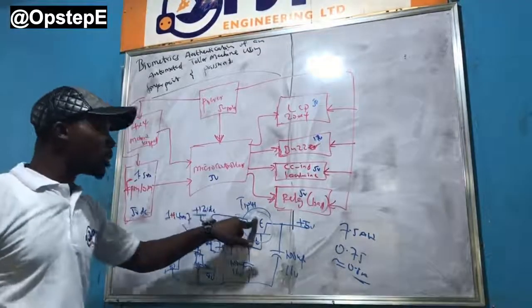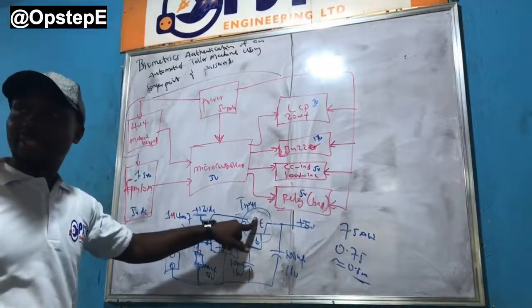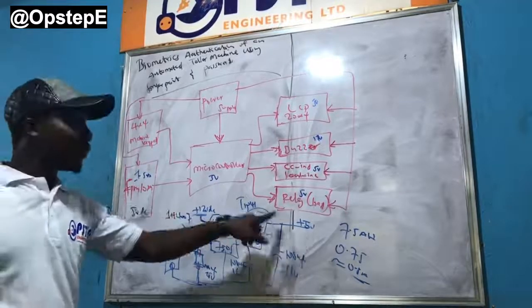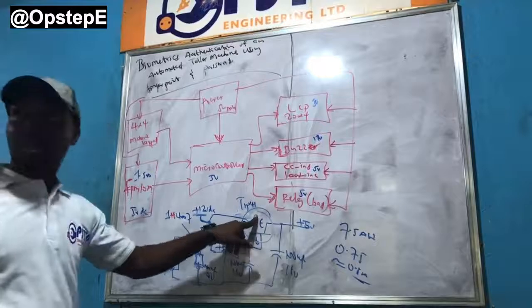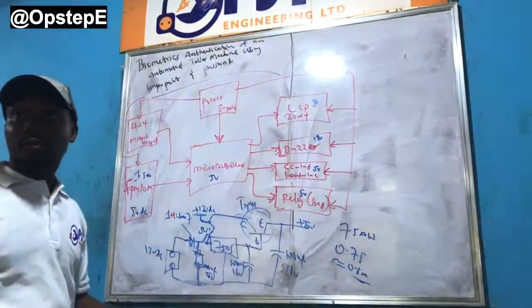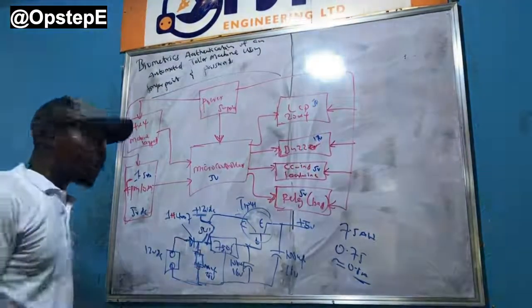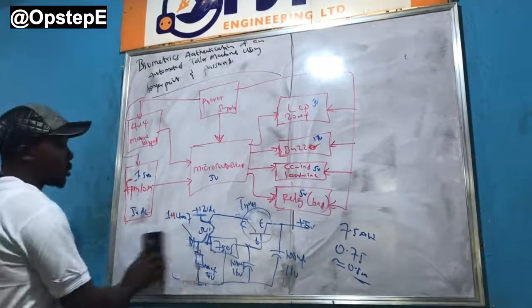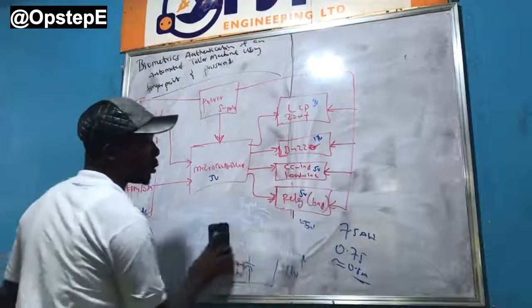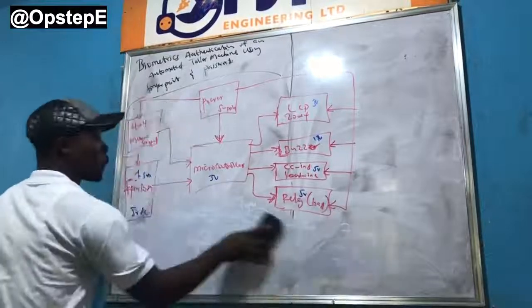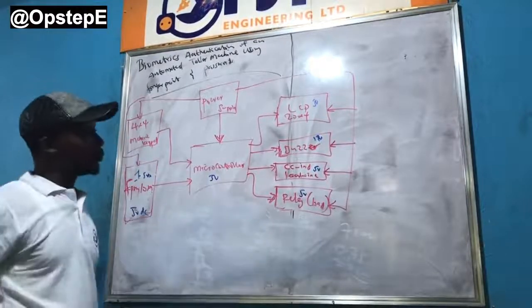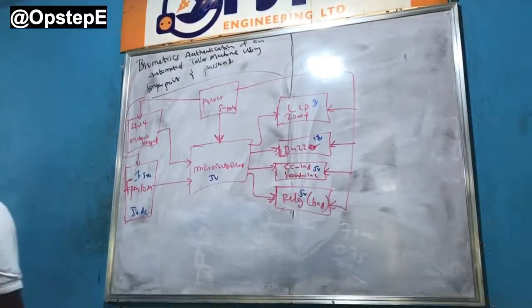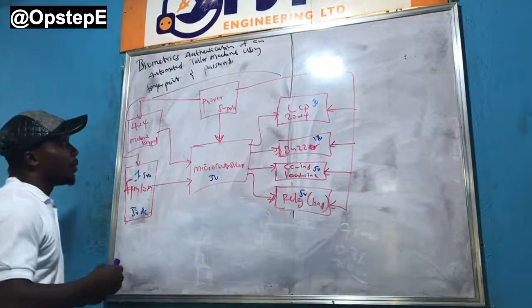Because the load will not be on this one, and since it can supply the current, why should it even do that? Don't worry, let us keep going. We'll find out.